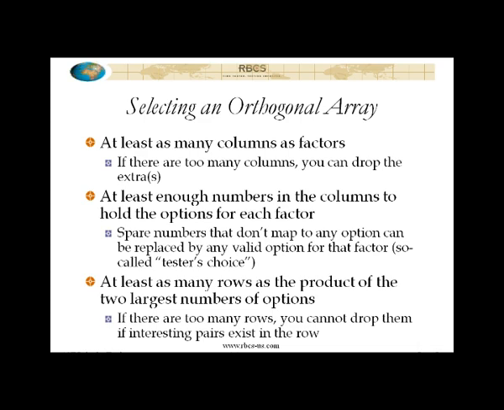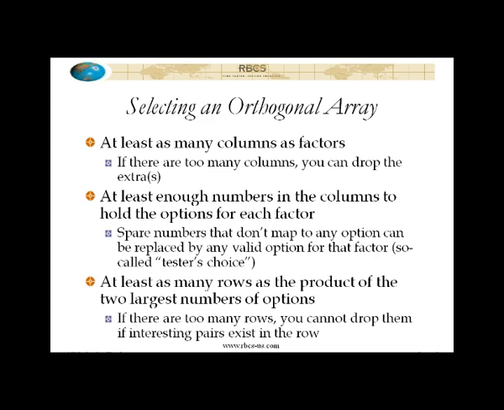You're going to have to get a larger one. You've got to get one that has enough numbers such that you can uniquely replace each number in the column with the name of the factor, or name of the option, excuse me, for that factor, and you won't run out of numbers before you run out of factors.